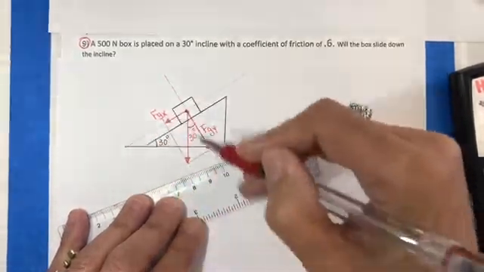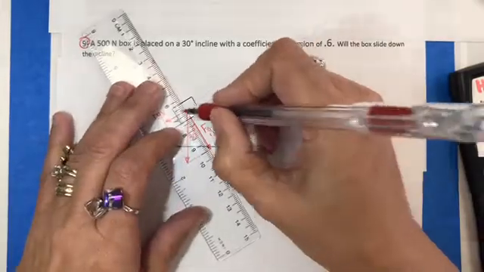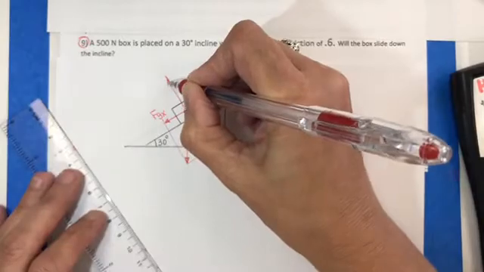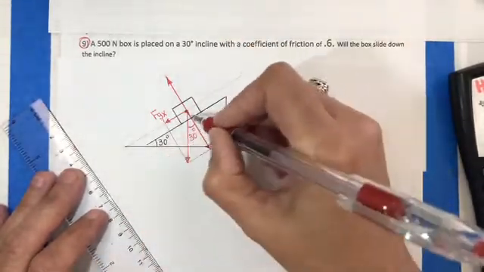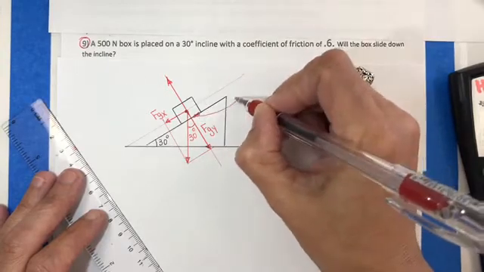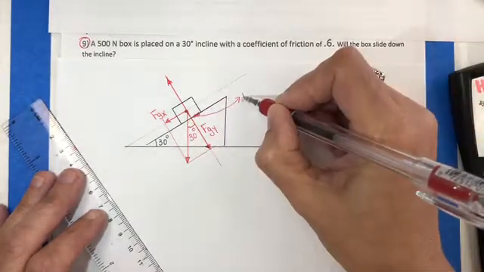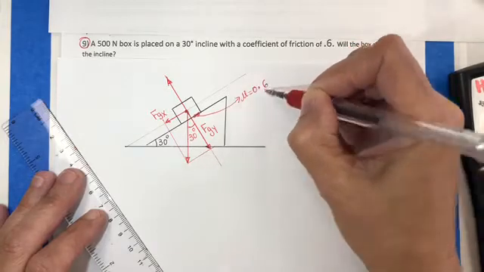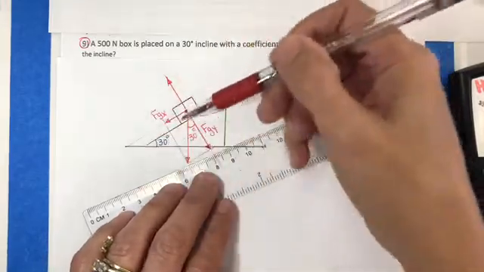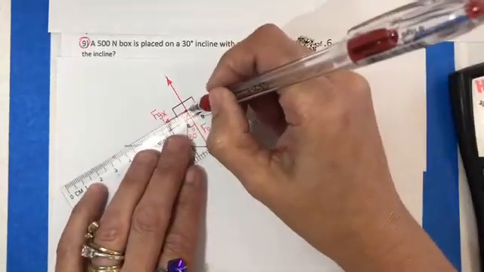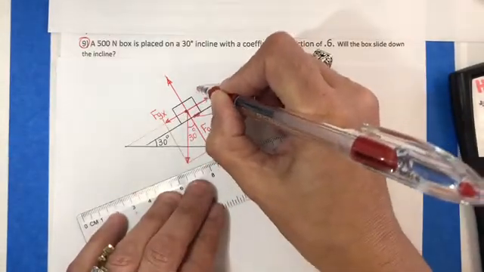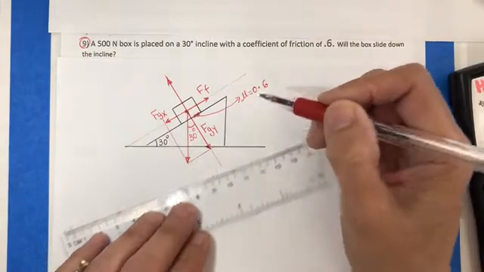To complete this free body diagram, we need to draw the normal force, which is normal to the contact surface. This is the contact surface, and the coefficient of friction between the box and the incline is 0.6. Now, if the box is possibly sliding down, we have a force that opposes this motion, that is the friction force.